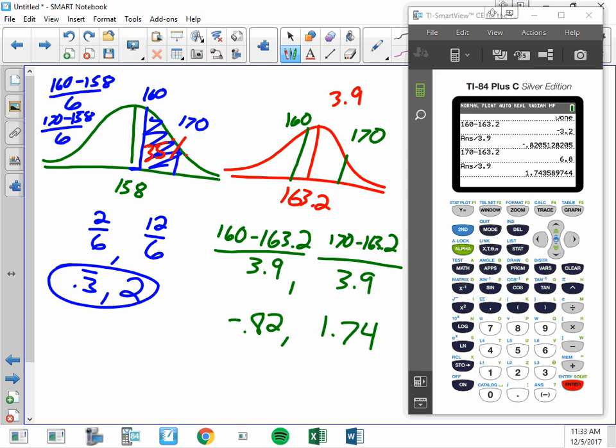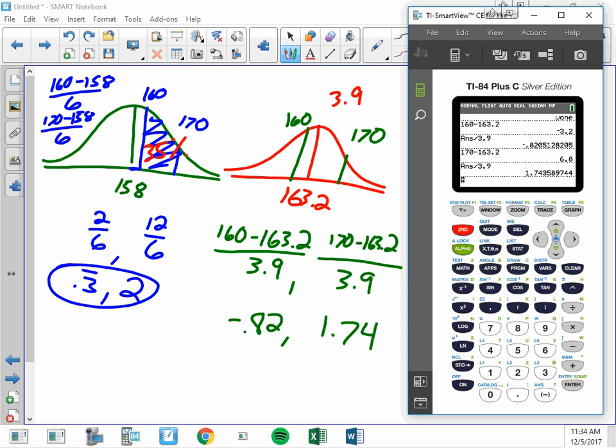So I'm looking for this particular set of tall women. For regular women's wingspan, we have 35% in that interval. And if I look at tall women, I would expect to have more women in that interval.